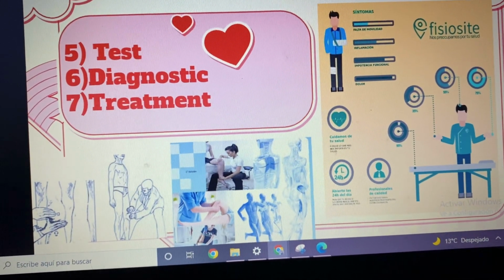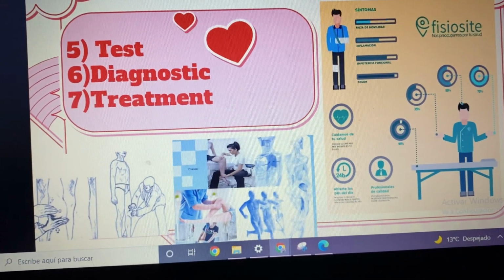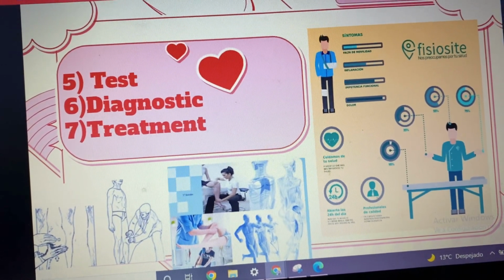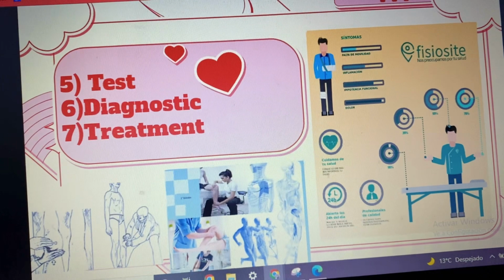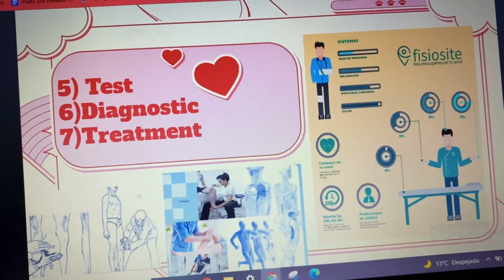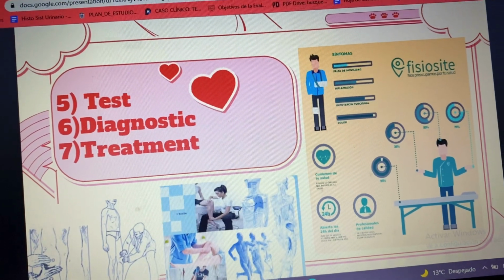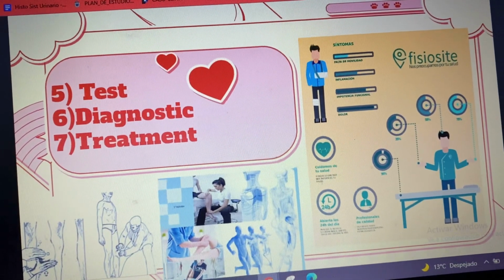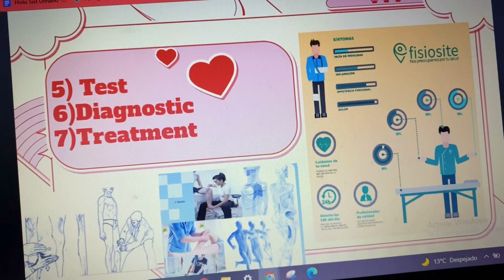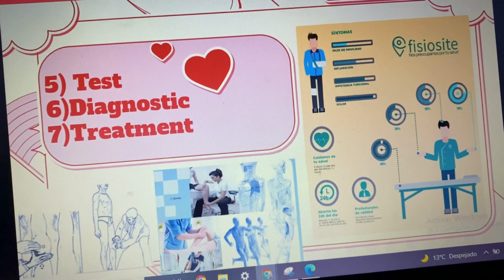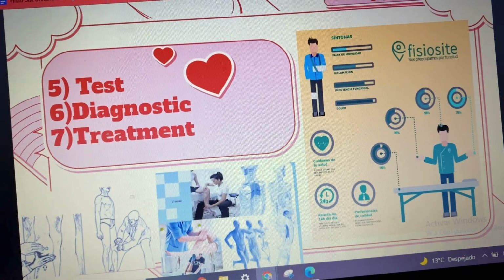Next we have point number 6, diagnostics. It is the result of a clinical reasoning process that tends to identify the deficiencies, functional limitations, and abilities of the patient, whether it is an alteration or a dysfunction.